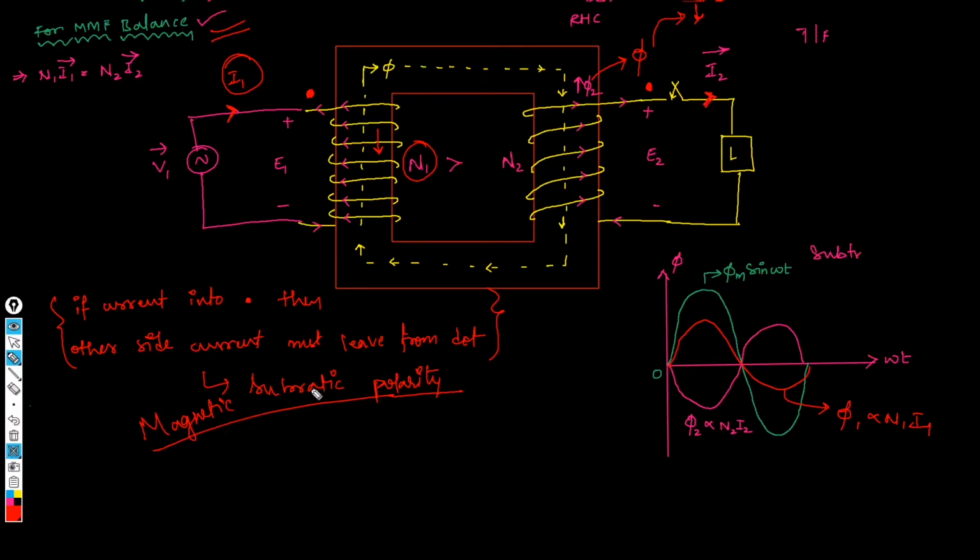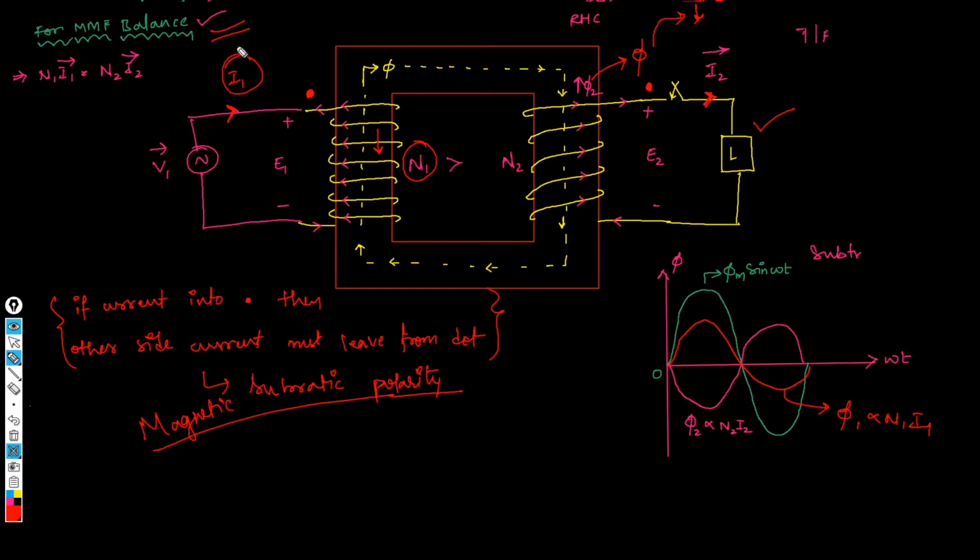So we say that the transformer works on the basis of magnetic subtractive polarity. Whatever electrical energy is required for the load will be drawn from the magnetic energy present in the core, and whatever reduction appears in the magnetic energy of the core will be supplied by the source by means of the I1 current.